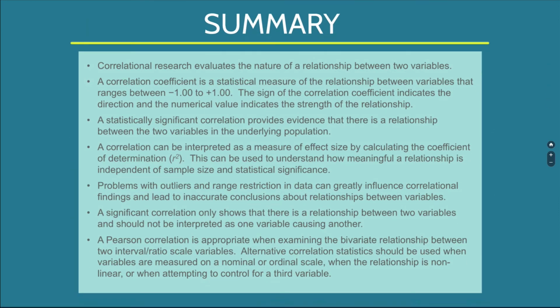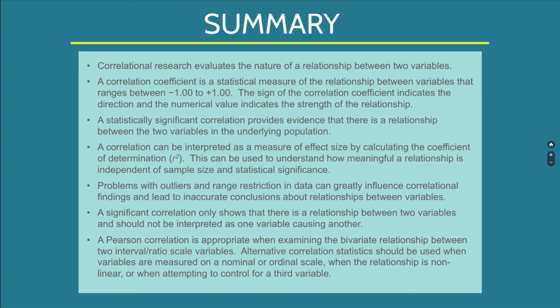In summary, correlational research evaluates the nature of a relationship between two variables. A correlation coefficient is a statistical measure of the relationship between variables that ranges from -1 to +1. The sign of the correlation coefficient indicates the direction, and the numerical value indicates the strength of the relationship.